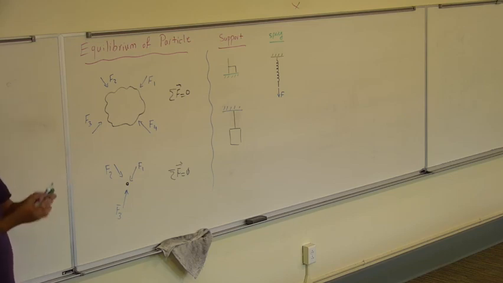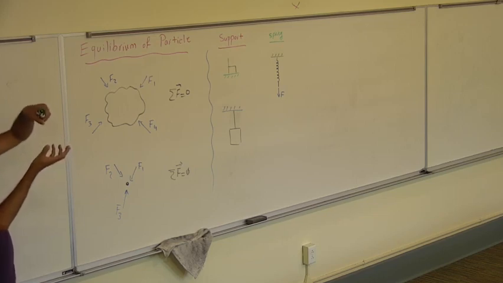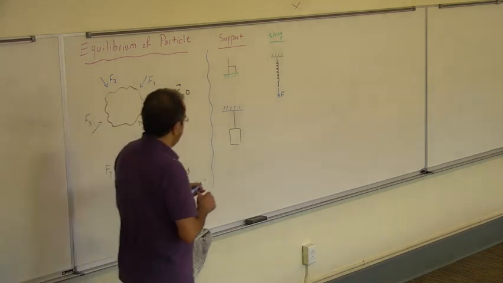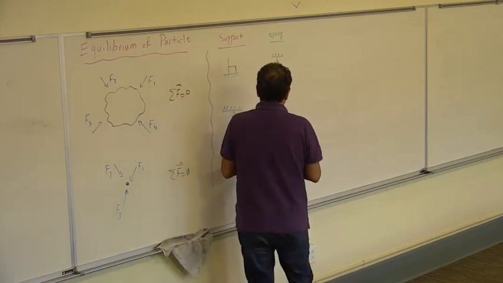So assume you have a spring and you hang a box from it. The spring is stretched and holds that box in place, so the spring is going to be the support.